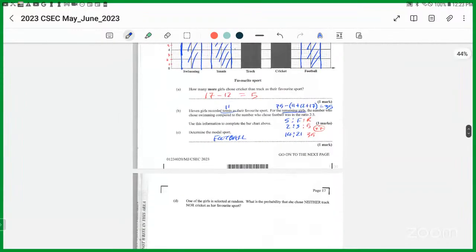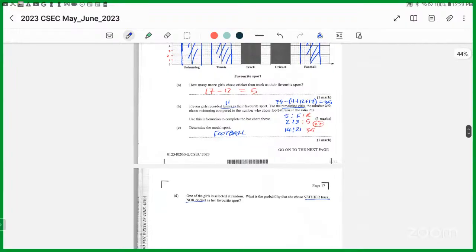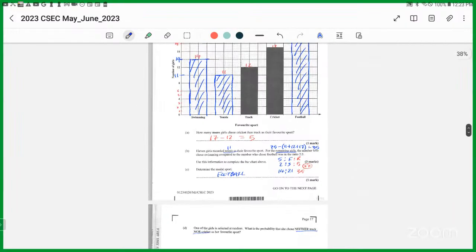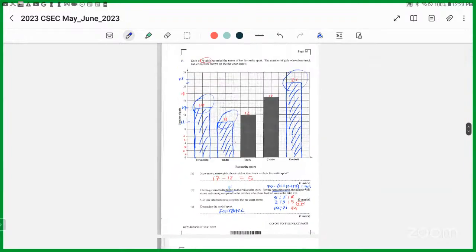All right, 1 mark for that. They said now one girl is selected at random. What is the probability that she chose neither track nor cricket? If she chose neither track nor cricket, we're talking about a girl who chose the other sports. So you're talking about these. You want to get one of those girls.